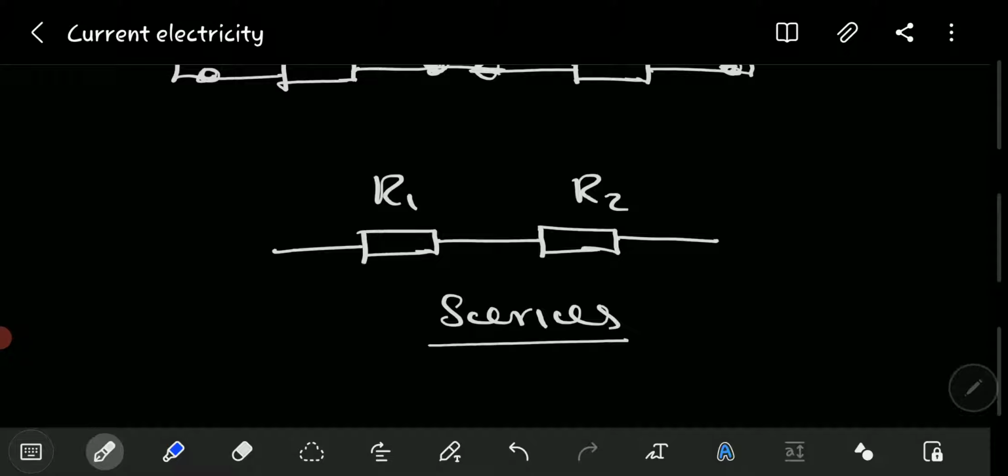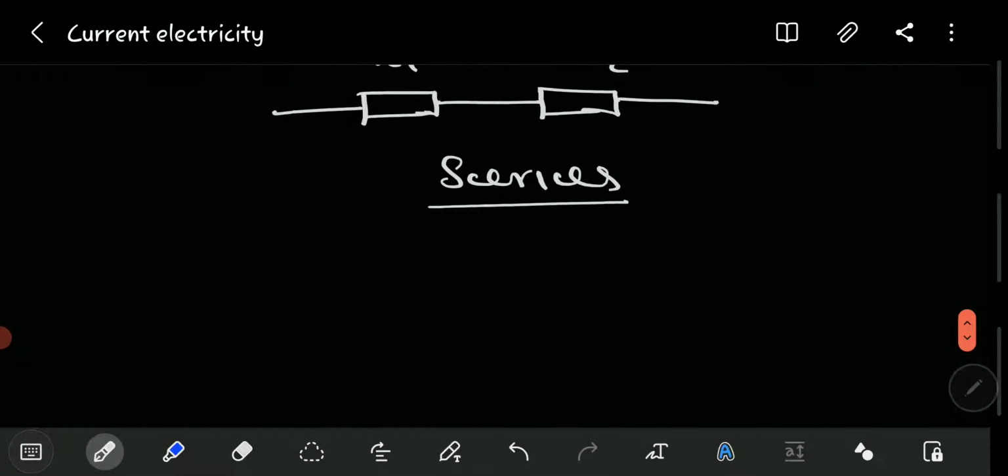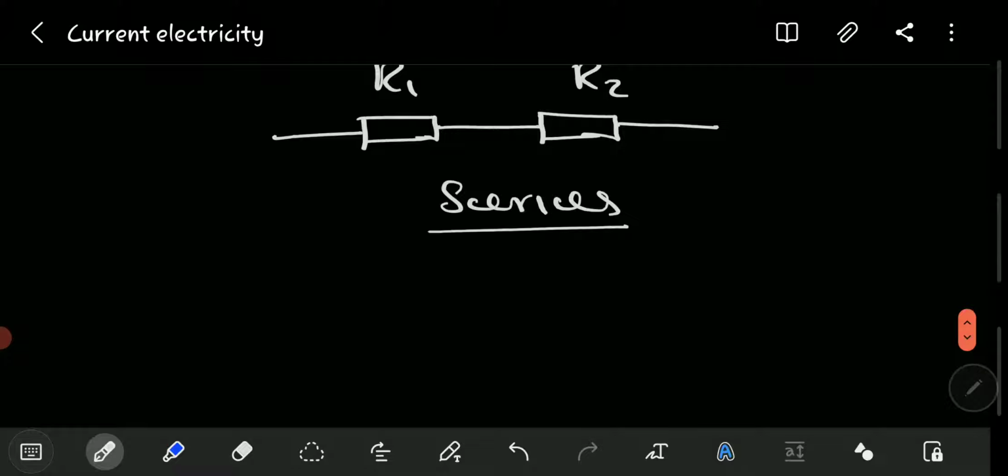Now for resistors connected in series, we can actually find the total resistance of these resistors. What is the total resistance that your resistors connected in series are offering?